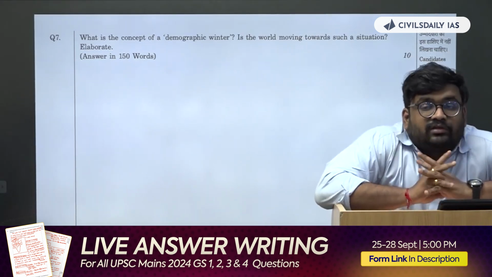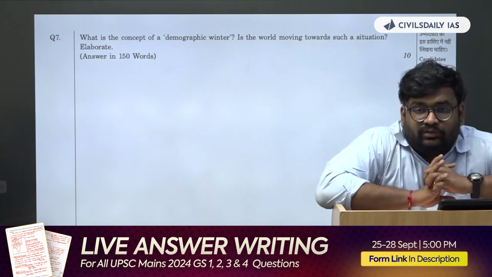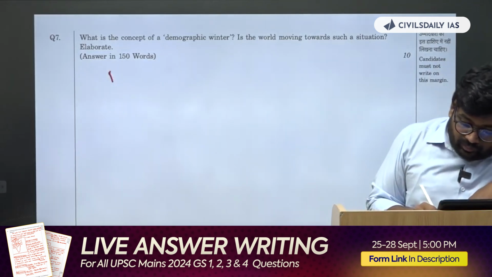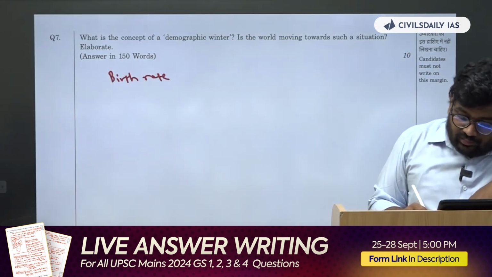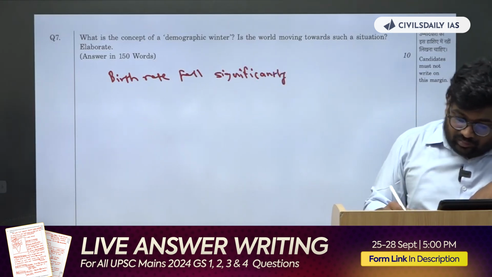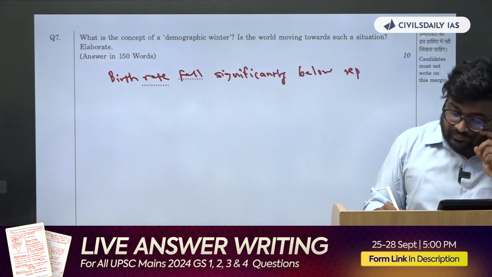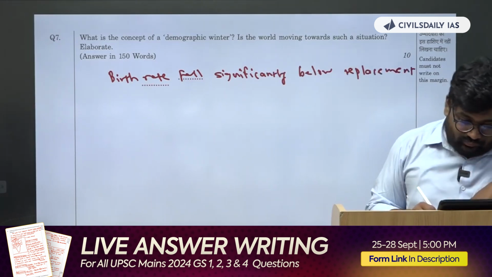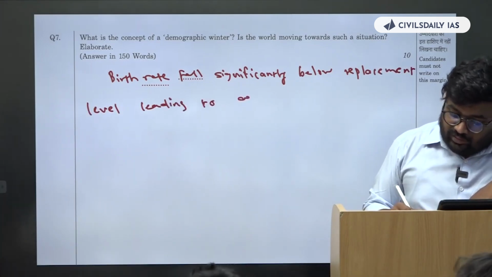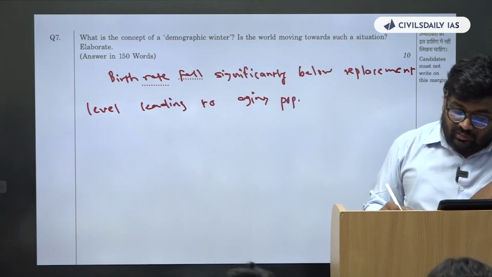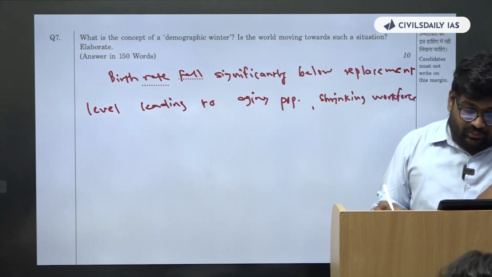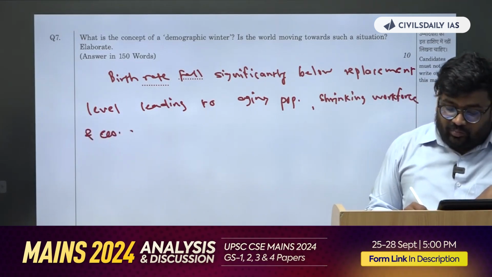So demographic winter refers to a situation where birth rates fall significantly below replacement level, leading to aging population, shrinking workforce, and economic challenges.